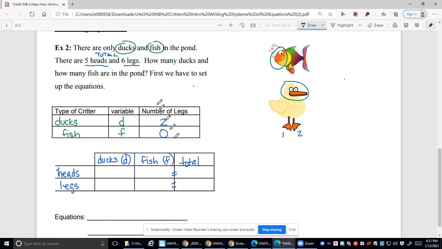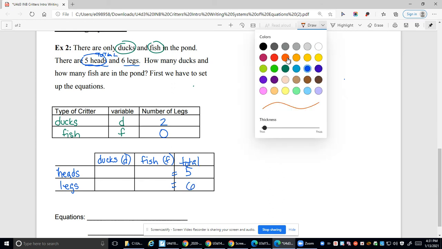Okay. I'm going to plug in my totals. I got 5 heads total. Heads total 5. See? Total heads. It's in the right place, right? So here I need the total number of legs. 6. Okay.